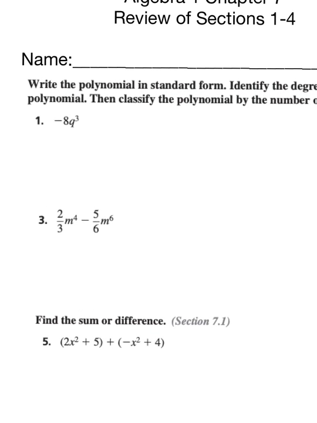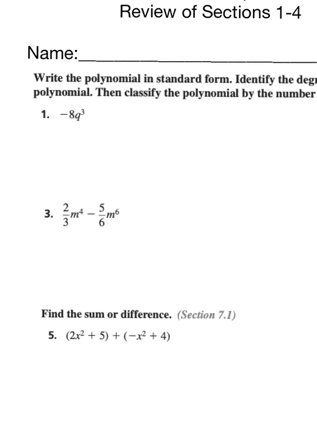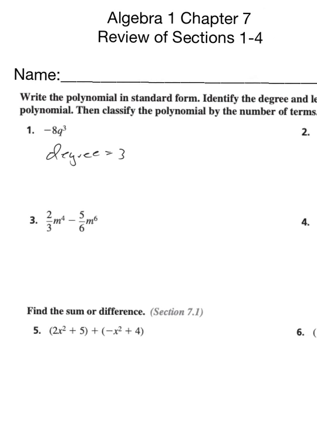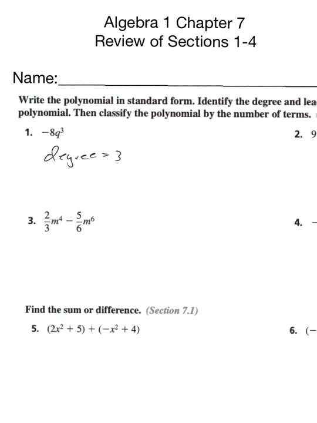Number one is already in standard form because there's only one term, so we don't have to put it in any order. But let's see if we can remember what degree it is. The degree is going to be 3. In this case, it's only one term, so we call this a monomial.